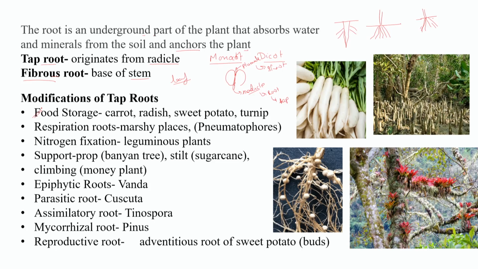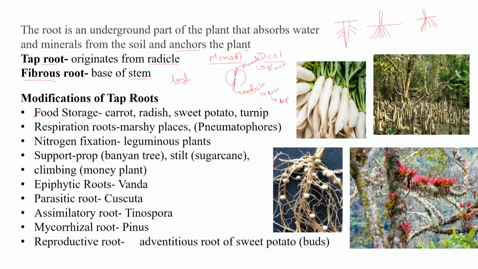You would have seen the root of radish and carrot. These are basically modified tap roots, modified to store food reserve, and because of that they are fleshy in nature. Similarly, sweet potato is a modification of adventitious roots.